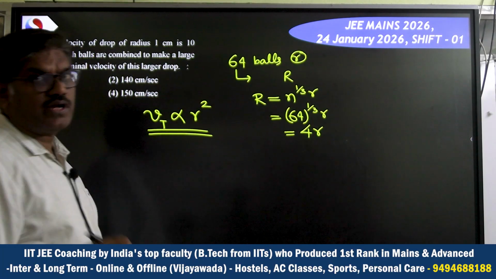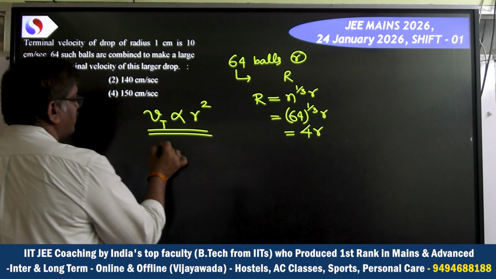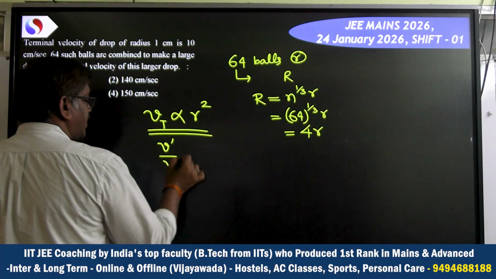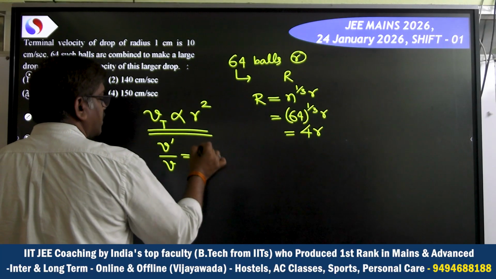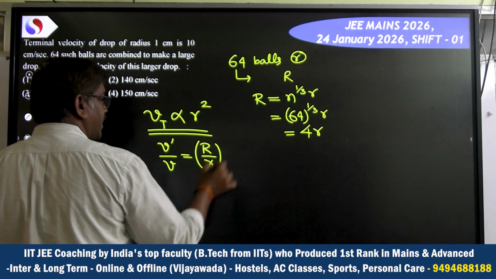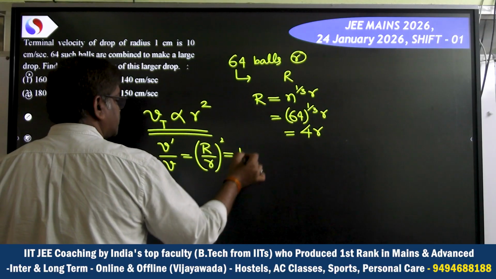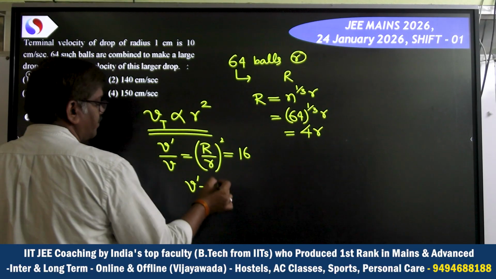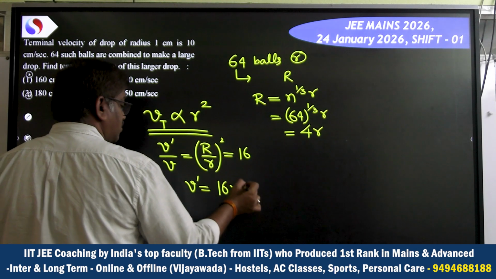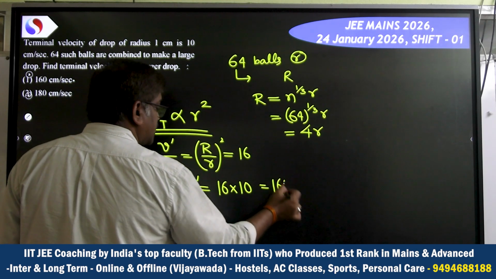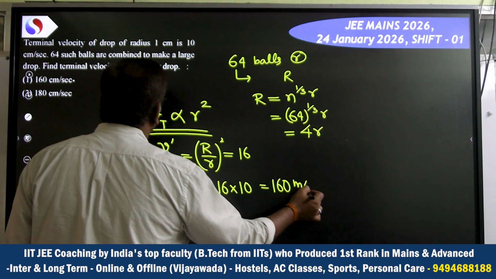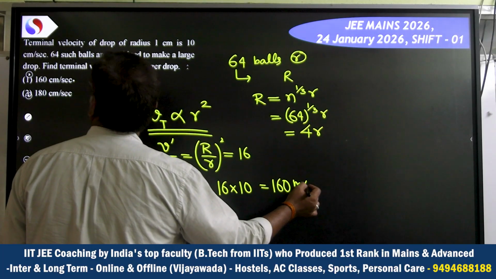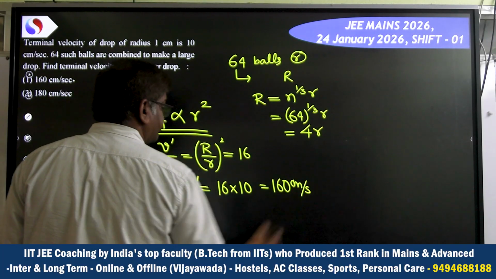So the radius will be 4 times r, which means the terminal velocity final upon initial becomes (capital R by small r) whole square, which is 4 square, that is 16. Now I substitute the earlier terminal velocity, which is 10. So 16 into 10 gives me 160. That means the terminal velocity of the bigger one will be 160 centimeter per second.